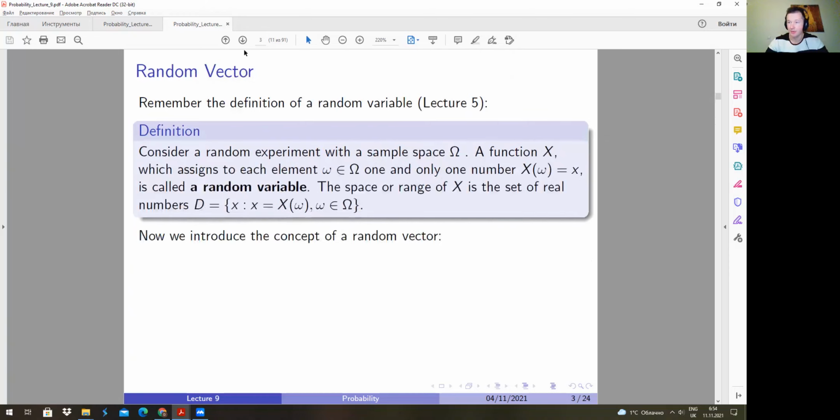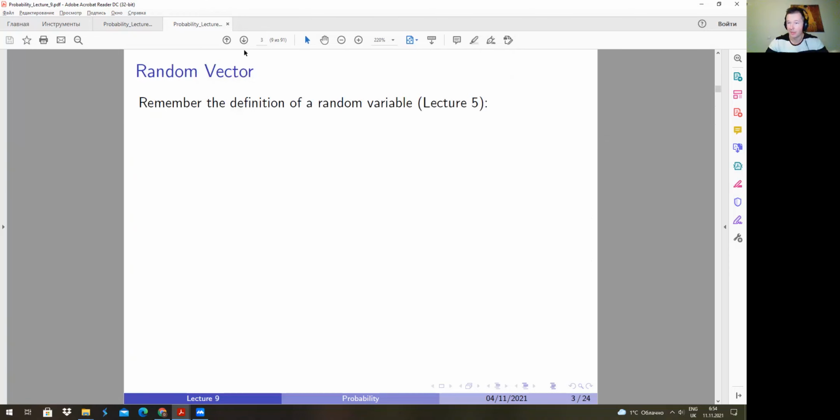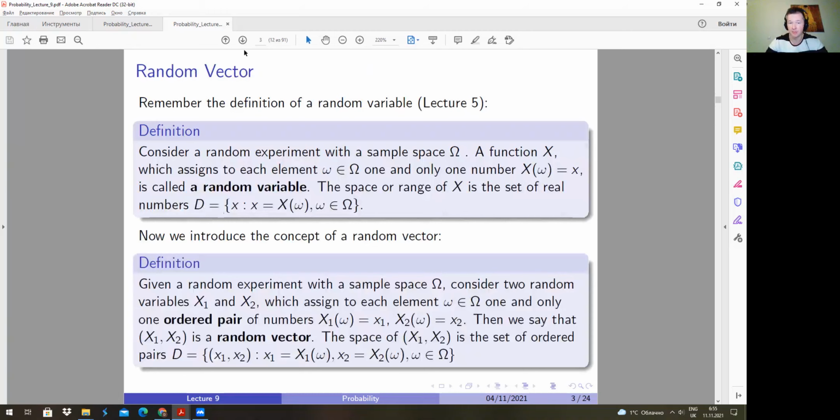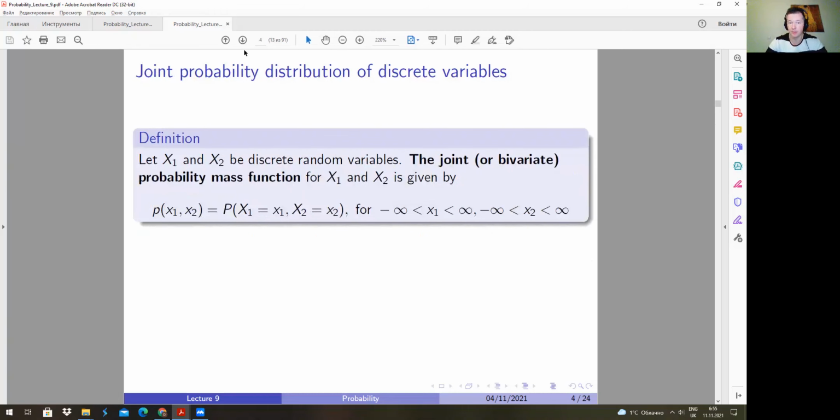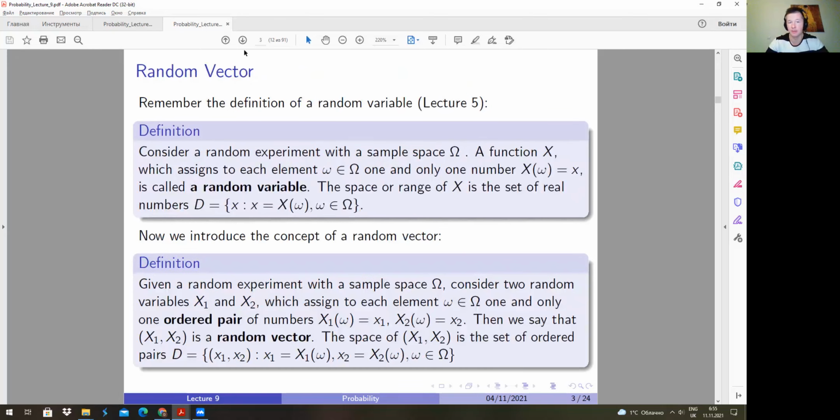Basically, you need to understand the following. We just extend all the concepts that we used for one variable to the case of 2 or more variables. Of course, we are not working with 3 variables. It's too difficult in terms of computation, but the idea is similar.